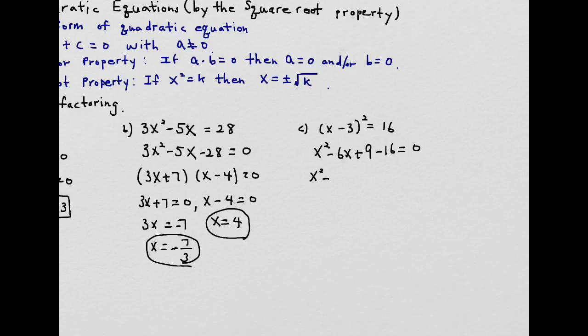By combining like terms, you get negative 7. Once it's in standard form equal to 0 with 3 terms, we do factoring by trinomial, and you get x minus 7 and x plus 1. This will give you positive 7 and negative 1.